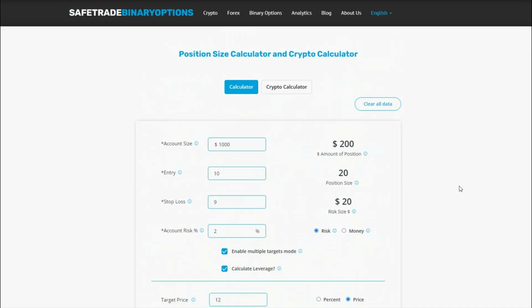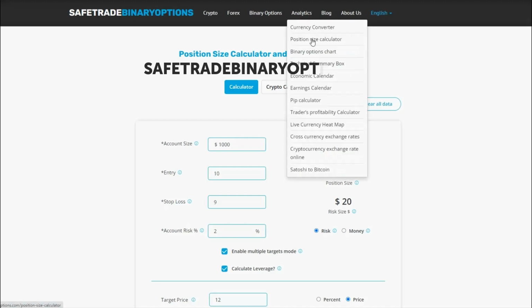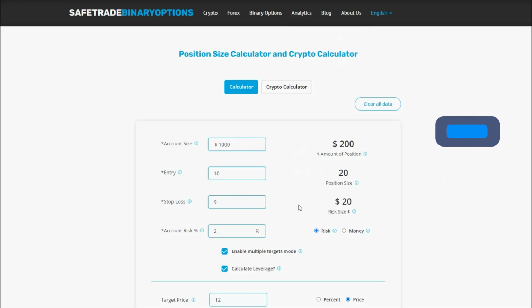So loads of information. Position sizing is very important for successful trading. So each time you are going to take a position, I recommend coming to safetradeBinaryOptions.com, going to the analytics, clicking on position sizing calculator, and running your position through the position sizing calculator so that you just make sure that you're taking the right position for the entry you're taking, the stop loss you have, and the amount you're willing to risk.